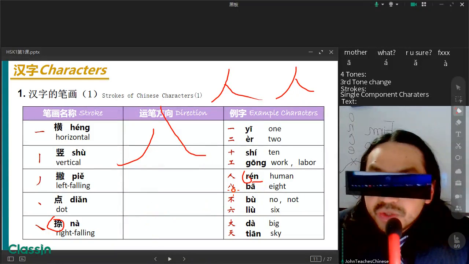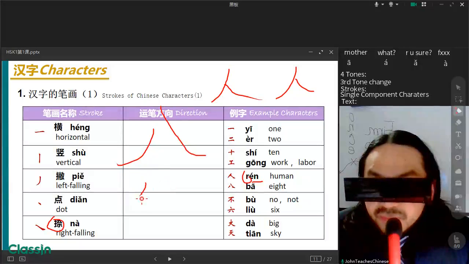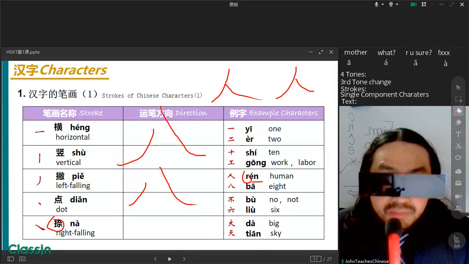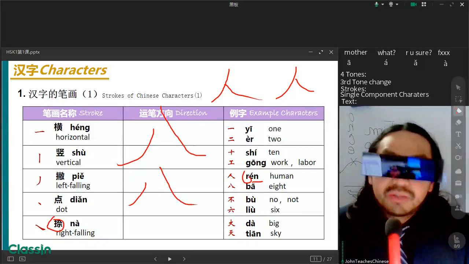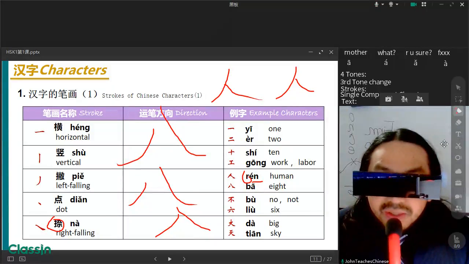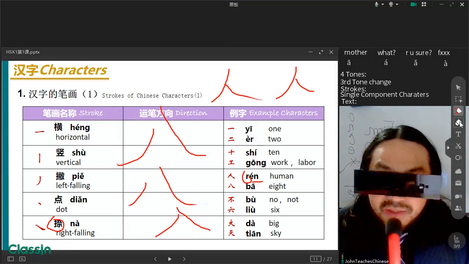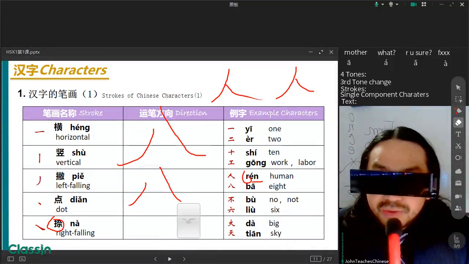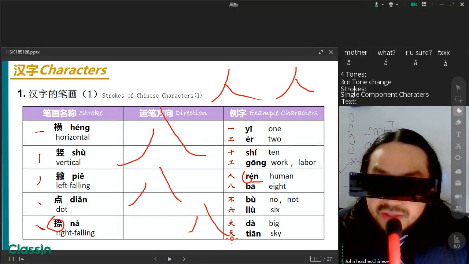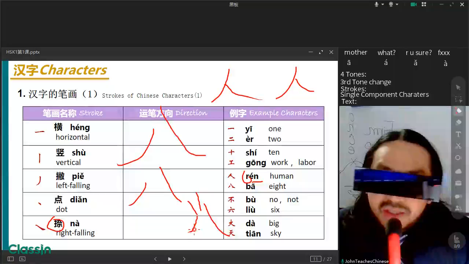Okay, next one. When you see it, ask a Chinese person, because in some prints you, as a foreigner, may not be able to separate it. If you write it too close, it will become another character. So it's better for you to confirm with your Chinese teacher. You have to write it separately.